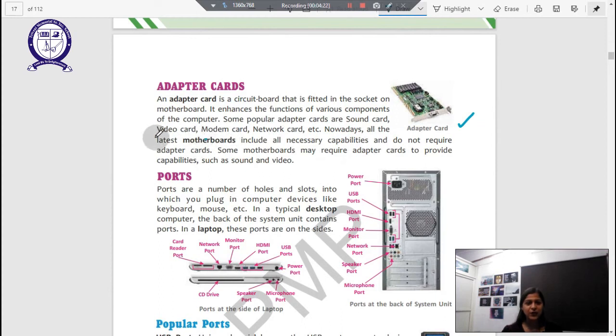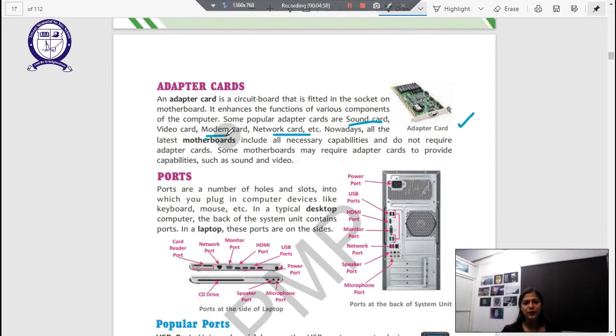A modem card, video card, sound card, network card, all such cards which are important for us. A sound card is important to connect or to play music. A video card is important to enhance the capabilities of a computer so that we can play games on our systems, such as GTA, for example, which is quite a famous game.